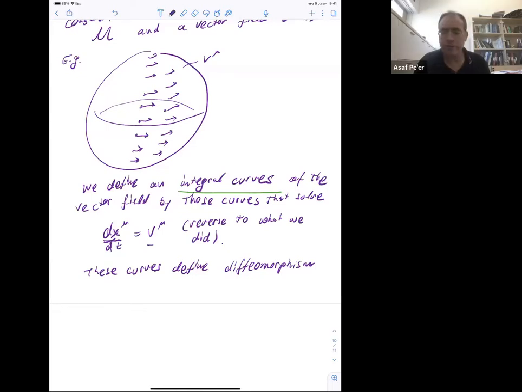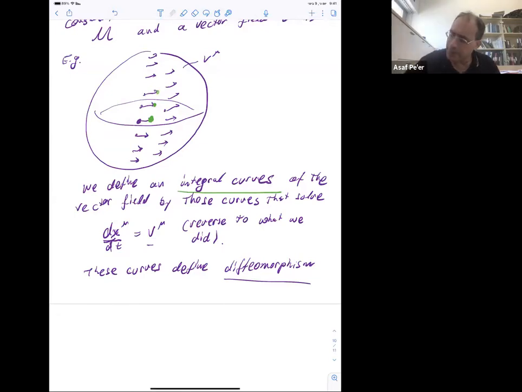I don't know if you remember, I gave you once a tutorial about the exact definition of manifolds, and it appeared there. Essentially, a diffeomorphism is a mapping between two manifolds. But what we have here is a mapping between the manifold and itself. So basically, we're taking a point here, and we map it into another point. So each point is mapped to a second point.